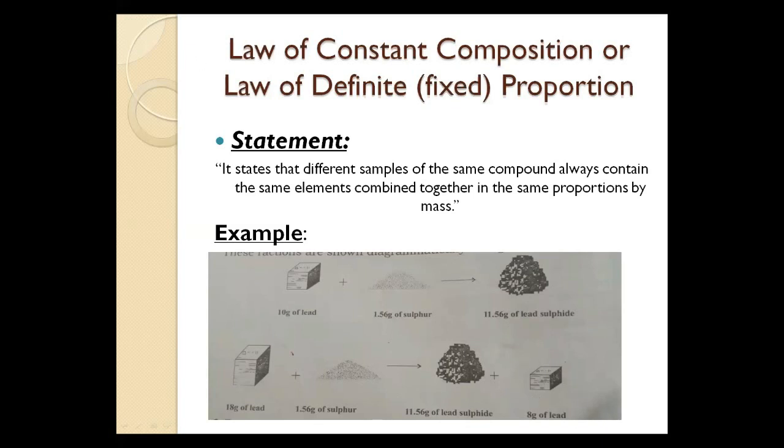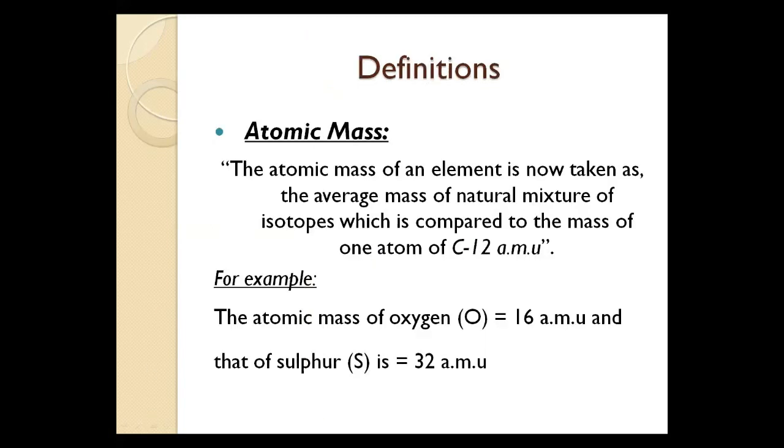So J.J. Berzelius gave more clarification of this law: different samples of the same compound always contain the same elements combined together in the same proportion by mass. He proved it practically, and I have shared one more example with water, taken from any source, with the same composition. So this is all about the law of constant composition, or law of definite proportion.